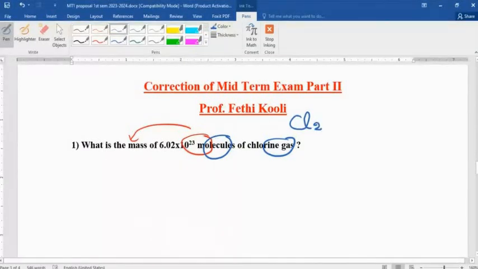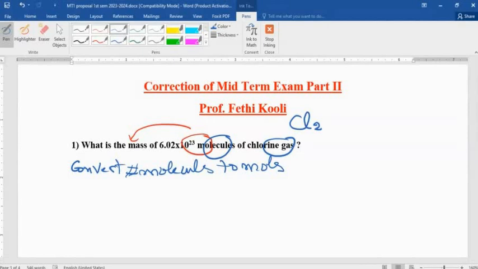So I have to use molecules, not atoms. Now I have two methods: either I convert the number of molecules to moles, and then I convert moles to mass using the molar mass of chlorine gas.